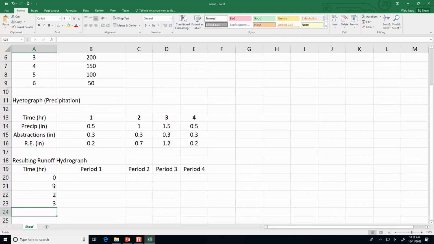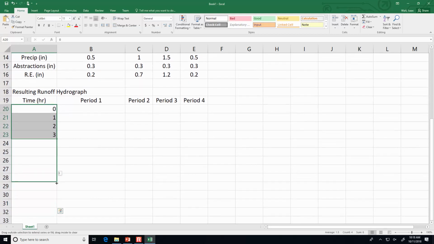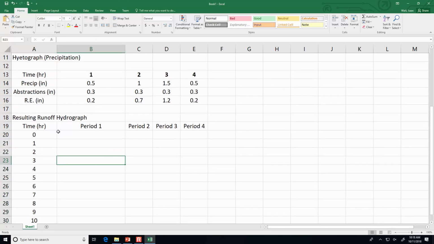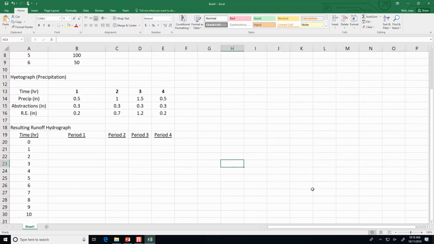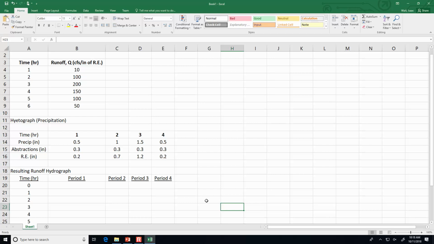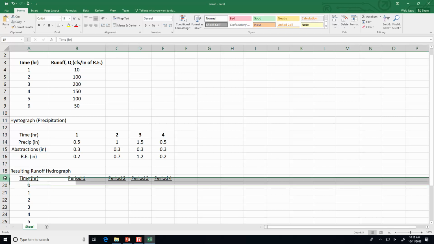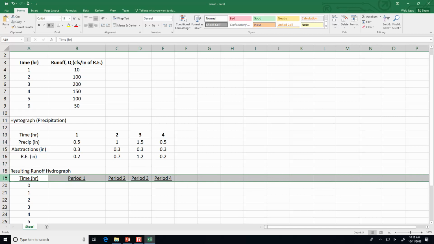And we got to go down through 10 hours, and you'll see why it's longer than the unit hydrograph. So each one of these is going to be the rainfall excess that we're calculating, and it is rainfall excess during the period that's shown.